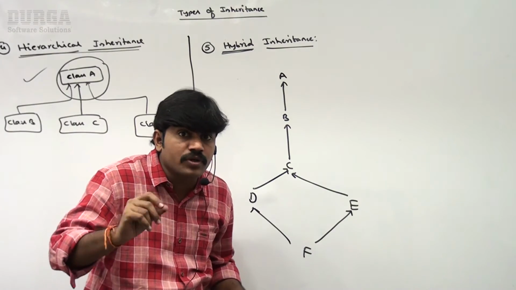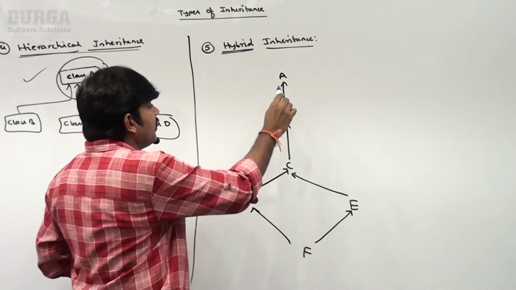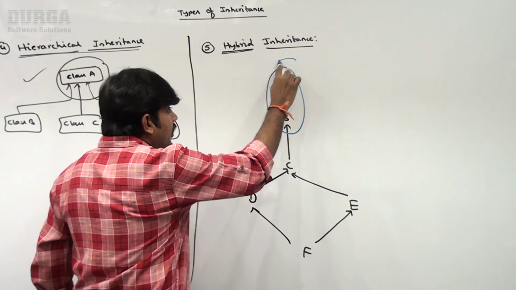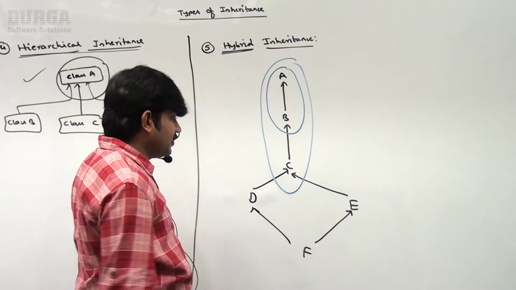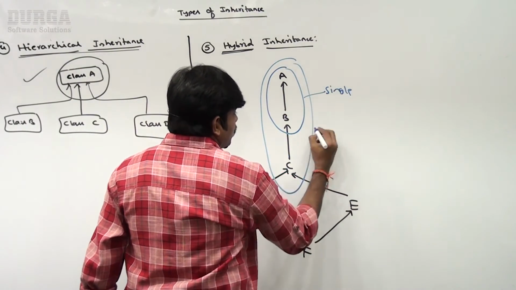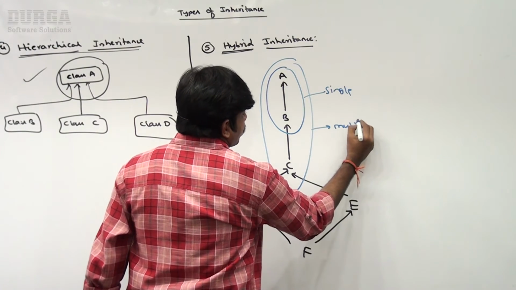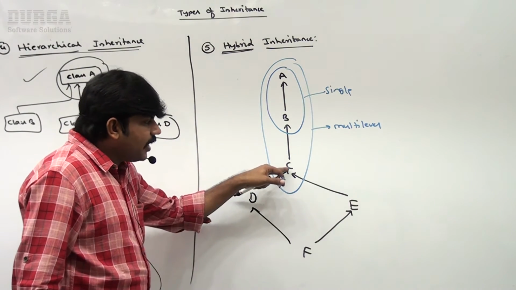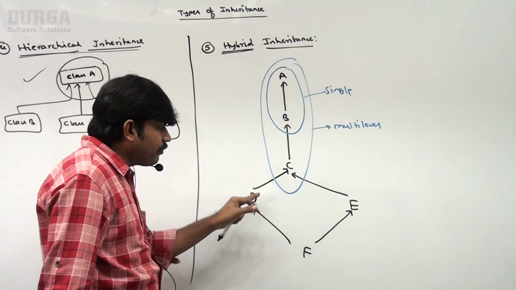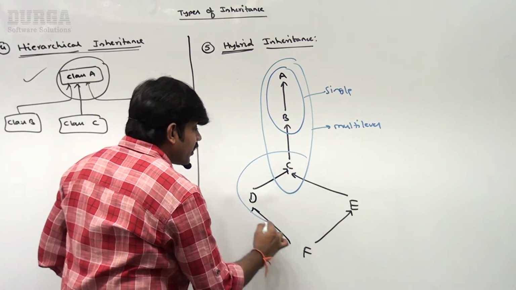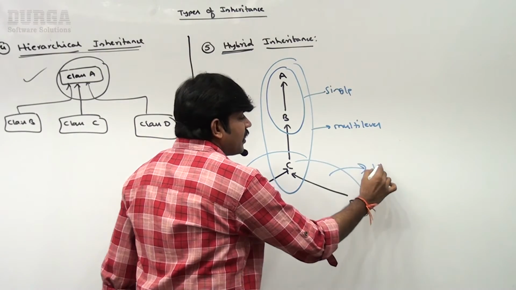How can you conclude it is hybrid inheritance? Here single inheritance is there. Next, here multi-level inheritance is there. Next, from the same parent, two child classes we are defining. This is considered hierarchical inheritance.